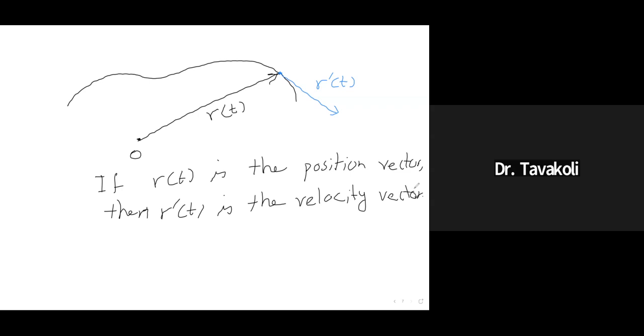And the length of the vector of velocity, r prime of t, that's a length, so for any given value t, it will be a number, is the speed.